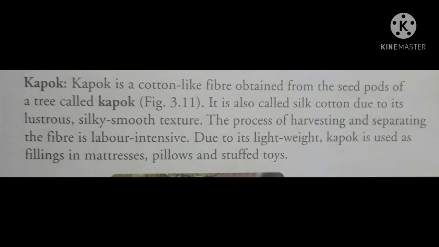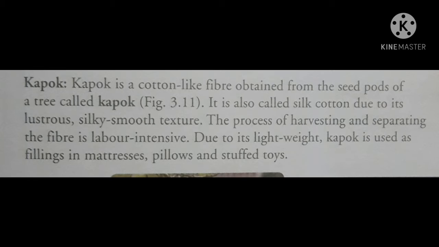The next plant is kapok. Kapok is a cotton-like fiber obtained from the seed pods of a tree called kapok. It is also called silk cotton due to its lustrous, silky smooth texture. The process of harvesting and separating the fiber is labor intensive, means labor is required.